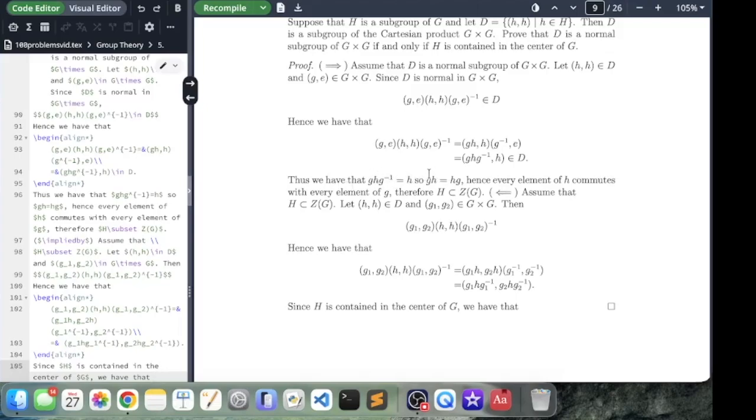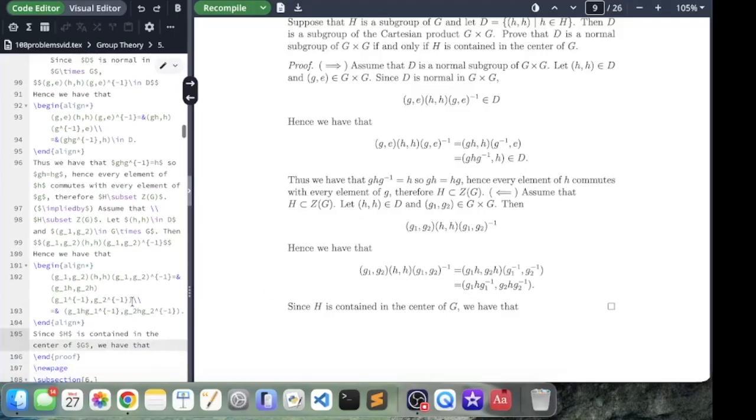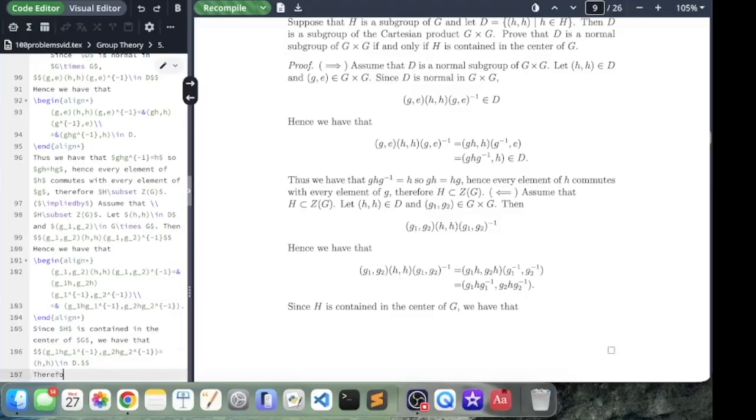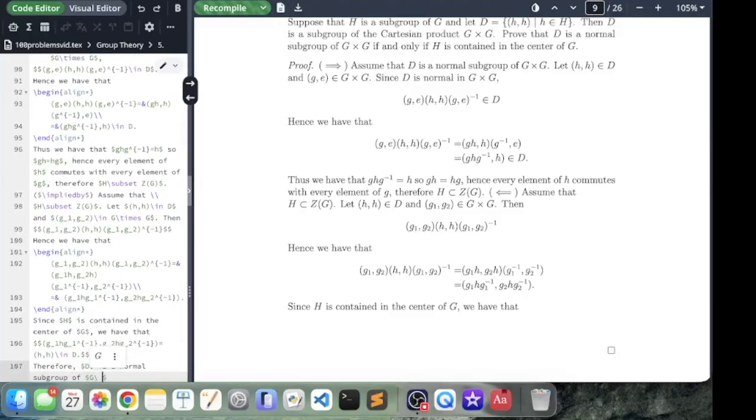If it's in the center, we have this equality, which is what I'm going to use to say that this guy and that guy are just equal to h. So this last guy is equal to (h, h), which is clearly in D. Therefore, D is a normal subgroup of G cross G, which is what we were trying to prove.